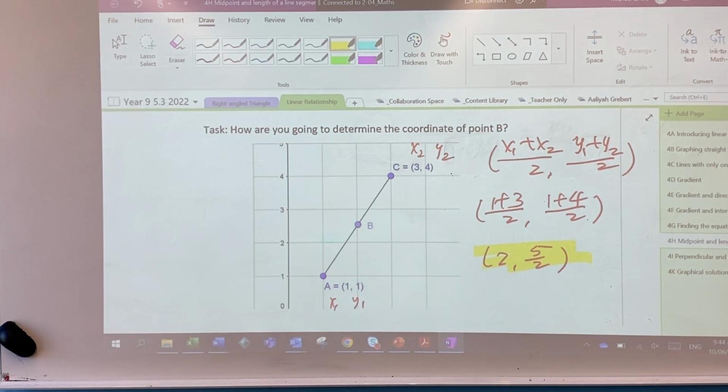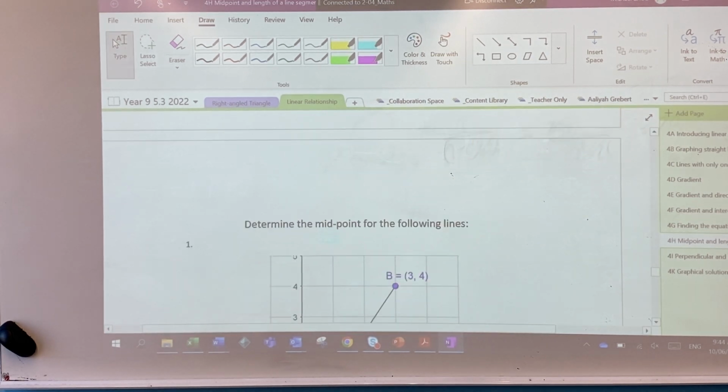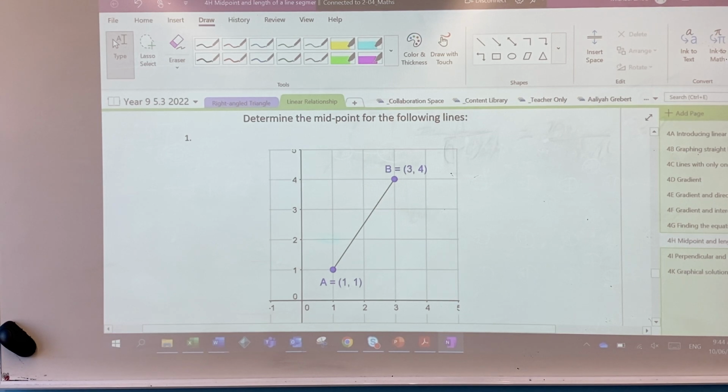I'm going to do a few more examples. Exactly the same thing. Let's try another one. I'm going to do a little bit more complicated. How about you guys give it a go?